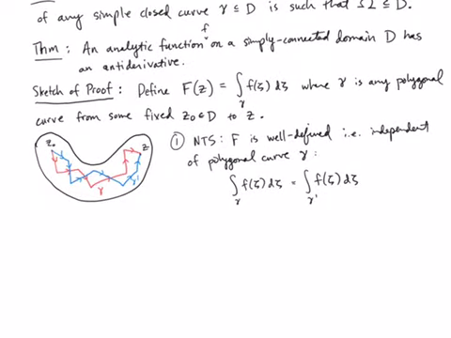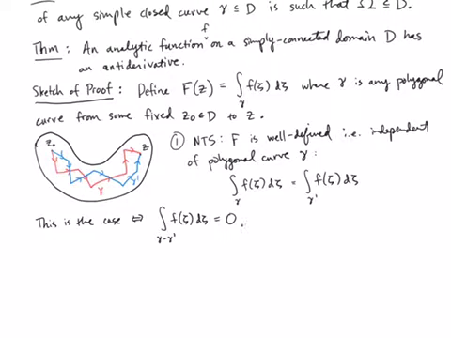Okay, and so this is the case if and only if the integral along gamma minus gamma prime of f of zeta d zeta is equal to 0.